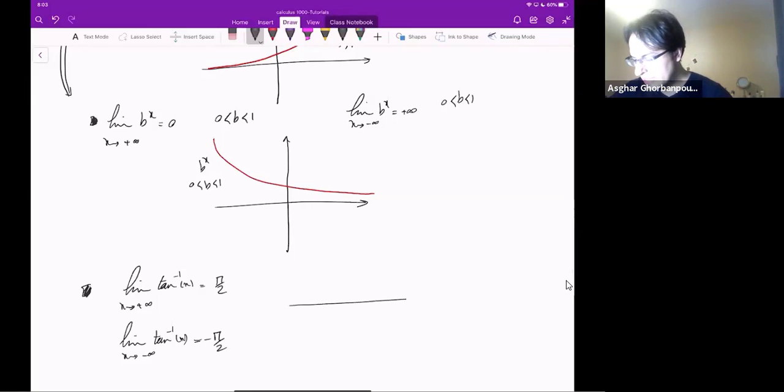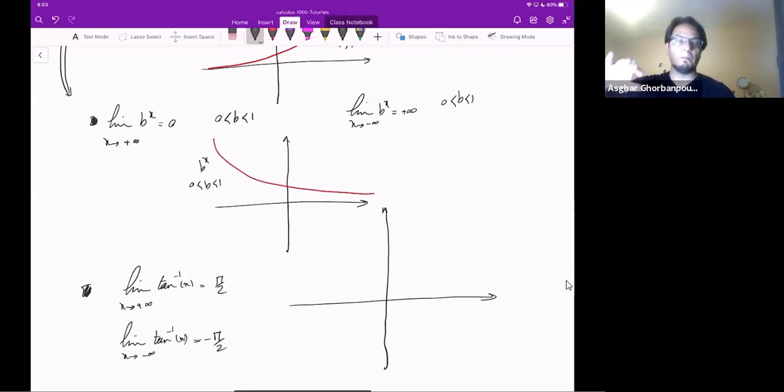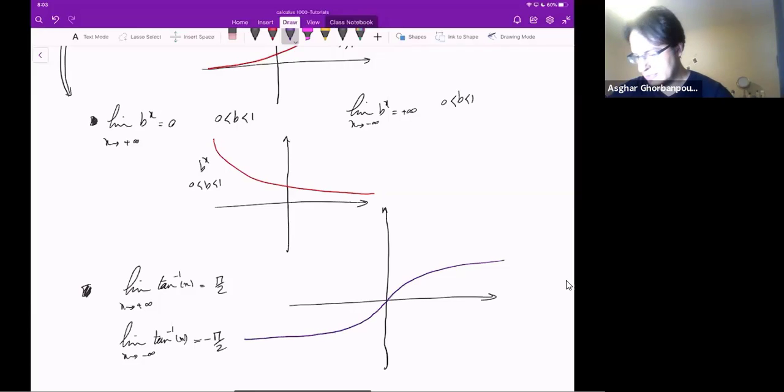How do I know that? Remember the graph of tan inverse, which by the way, you can find by reflecting the graph of tan x with respect to the line y equals x. That graph is something like this.